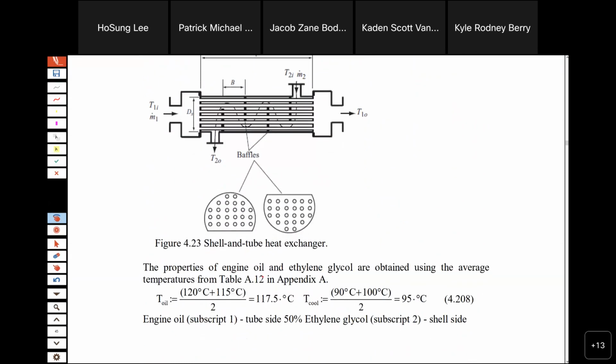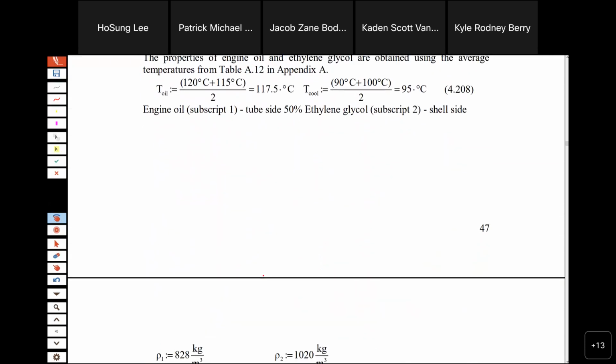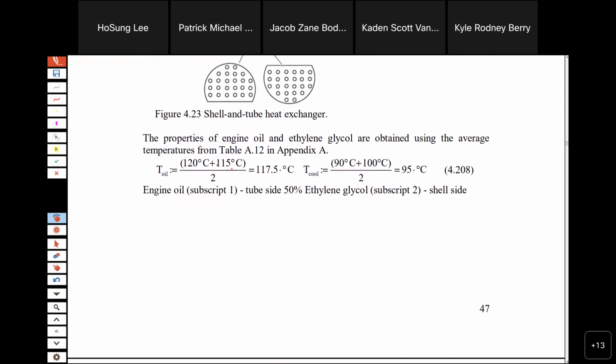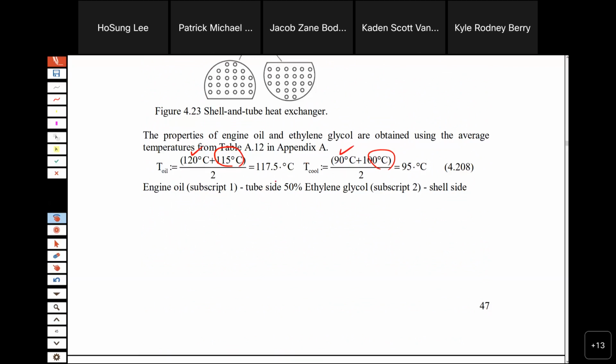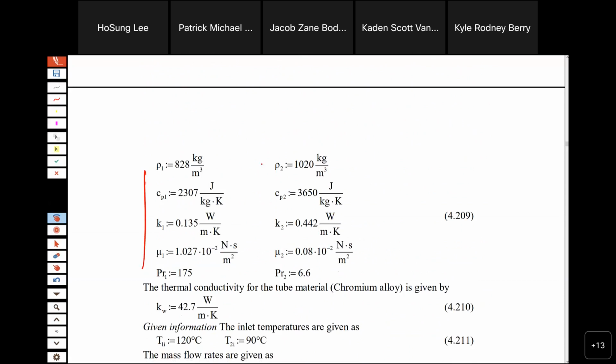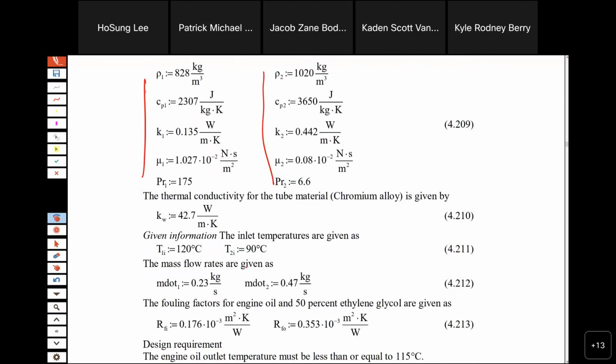There are not many books that talk about sizing, but here in the beginning, we don't know the outlet property. We don't know the outlet, you have to assume it. Inlet is given. Outlet is assumed, and then get the properties. For an exam, one assumption is fine.